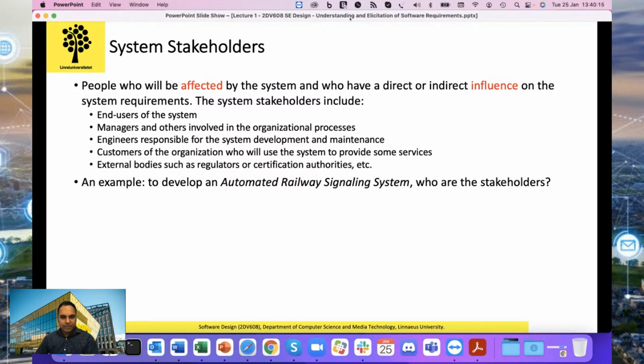So here is an example. We want to develop an automated railway signaling system. So the question is, who are the stakeholders for this system? Would anybody like to give any input in the chat or maybe on Slack?